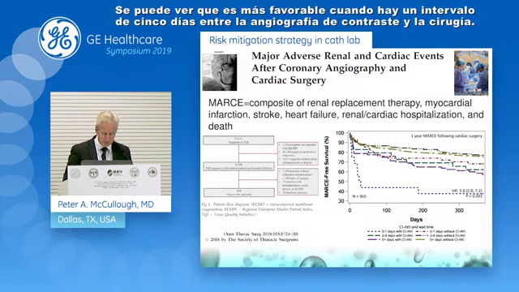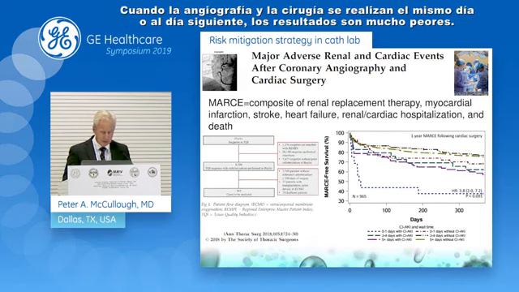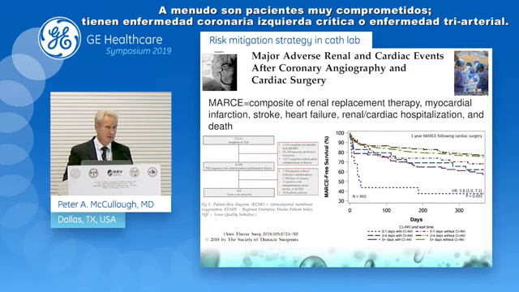And you can see it's most favorable once we get to about 5 days in between the contrast and the surgery. But when we give contrast and we move right into a surgery later that day or the next day, the outcomes are much worse. Now, many times these are very sick patients that have critical left main disease or three-vessel disease.